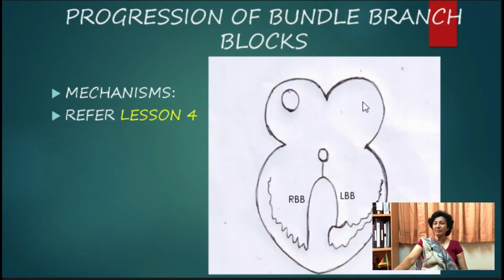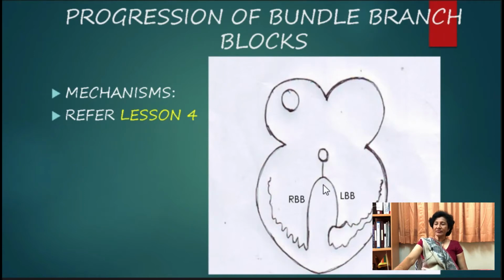If you can remember this diagram, which is in lesson 4, these are atria, ventricles, SA node and the AV node. This is the right bundle, this is the left bundle. We discussed isolated complete right bundle branch block and left bundle branch block in lesson 4.